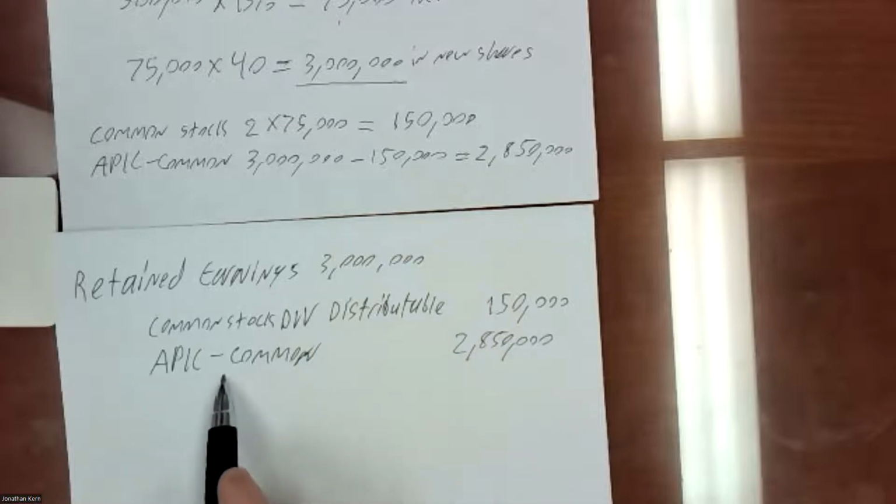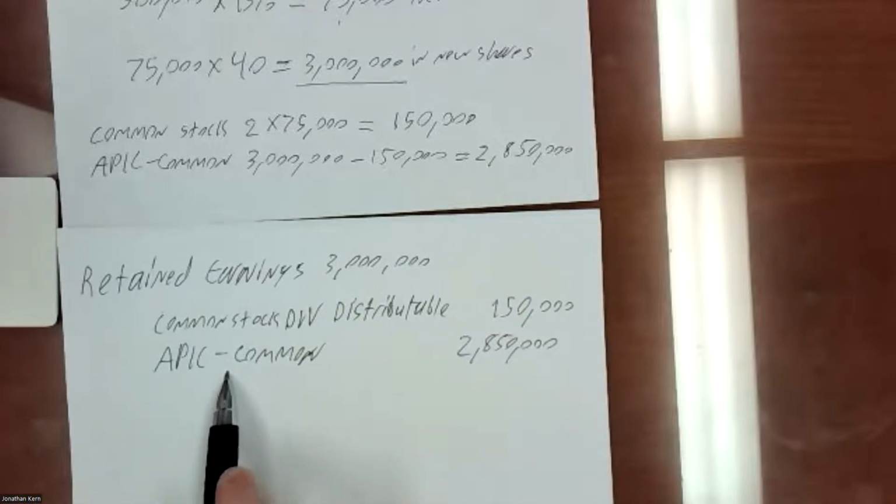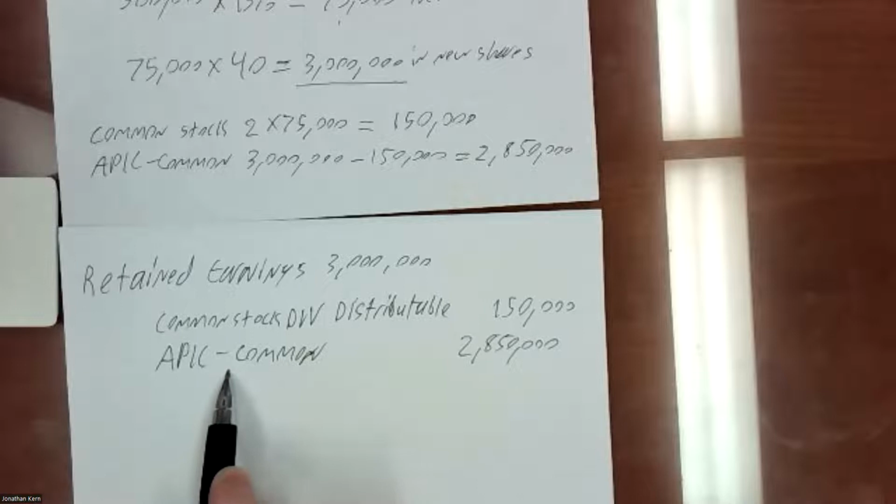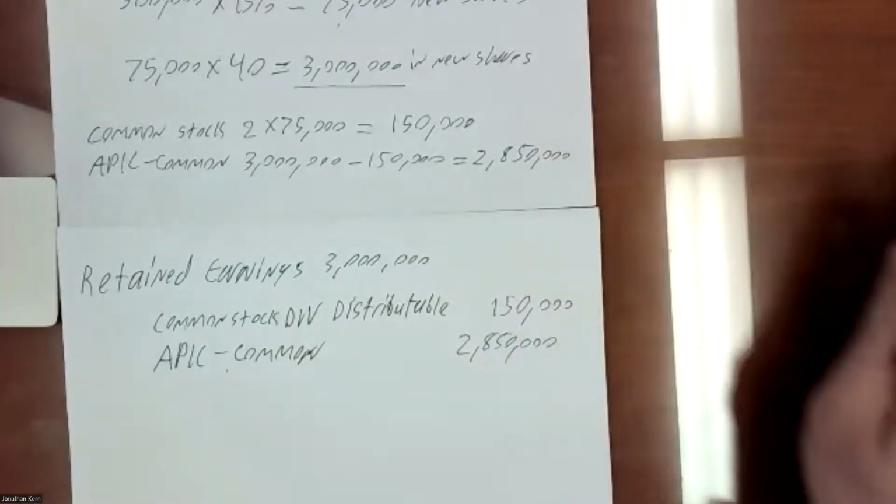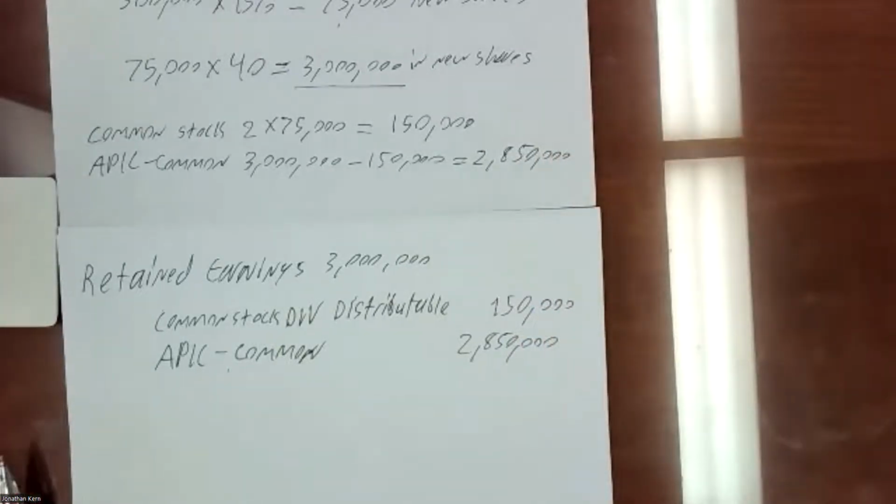And you could also call this paid in capital in excess of par common if you would like. And that would be how we would answer A.